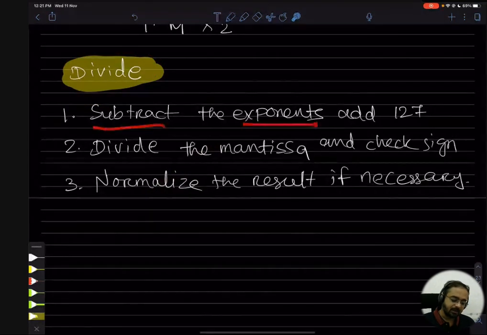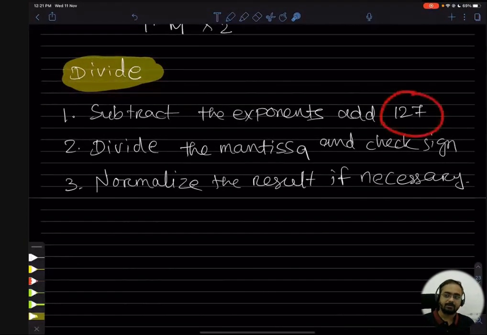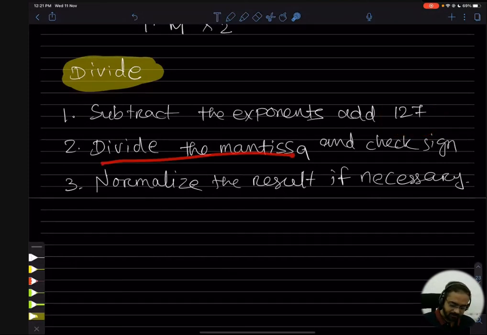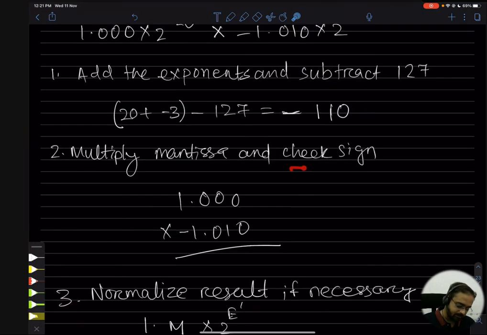Subtract the exponents. As you have subtracted the exponent, both are in e dash format, that means excess 127 format. You have to add 127 to it. Okay, then divide the mantissa and check the sign. In multiplication also you have to check the sign, because this is positive, this is negative, so the output will be negative.